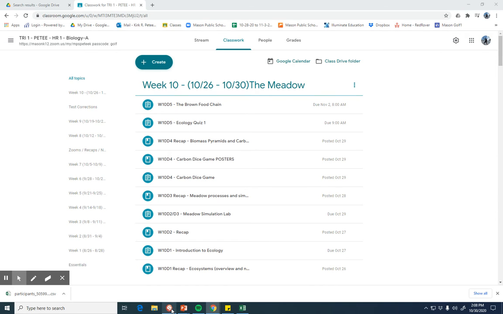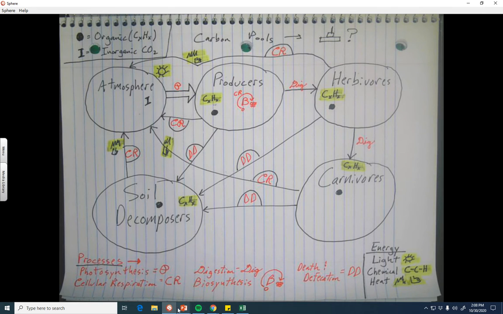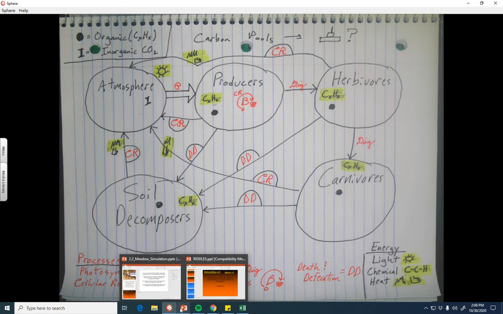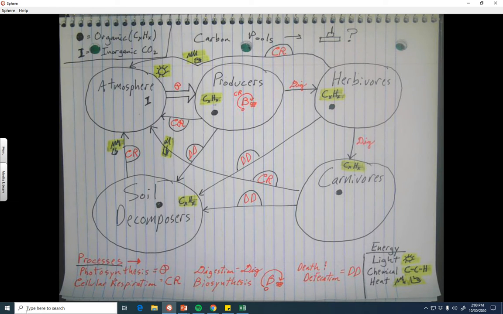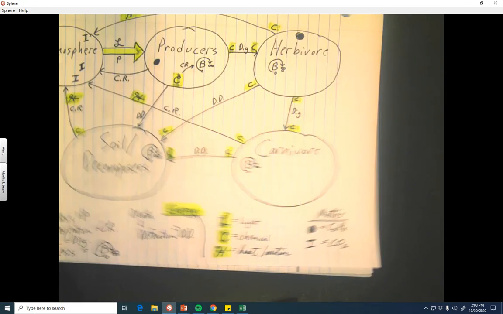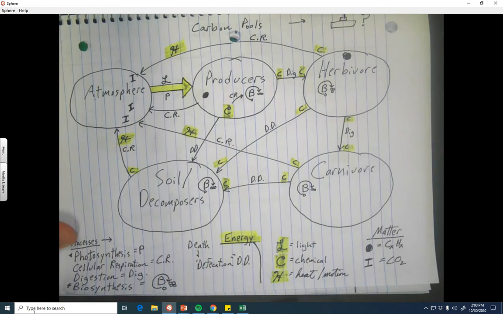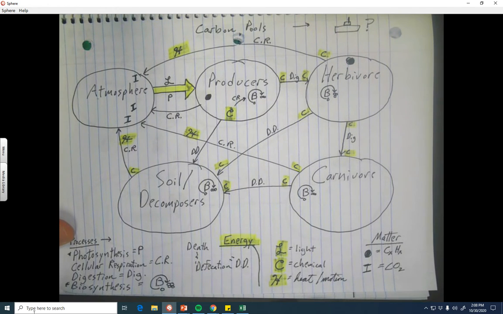Let me show you a picture of the notes. Feel free to stop and take a picture of the notes. These are the notes from fourth hour. These are the notes from third hour.